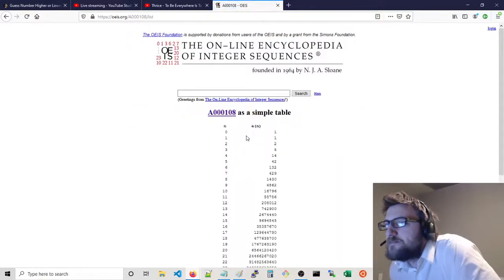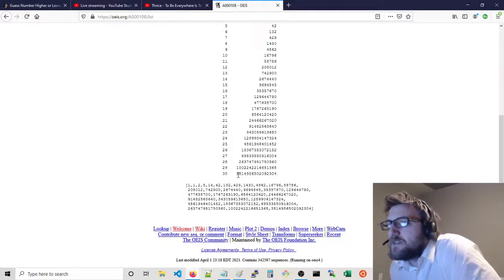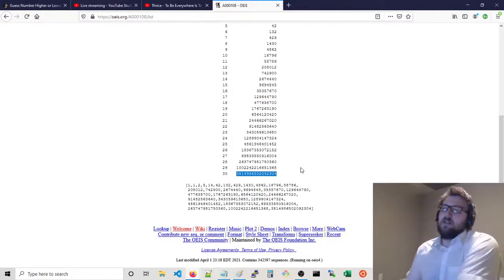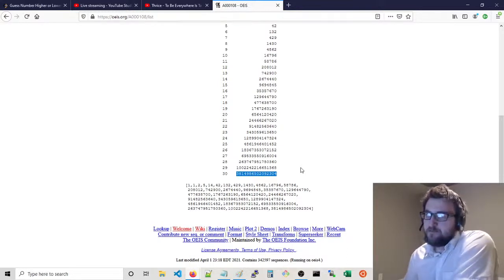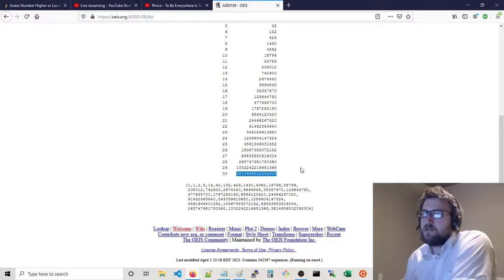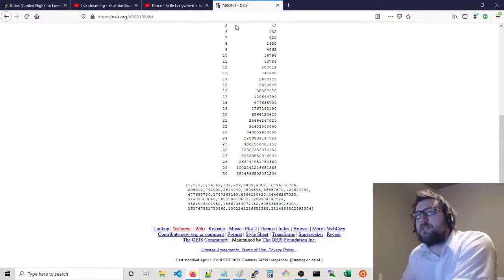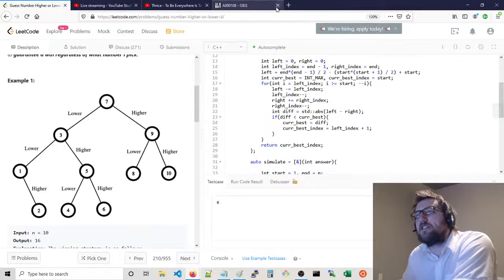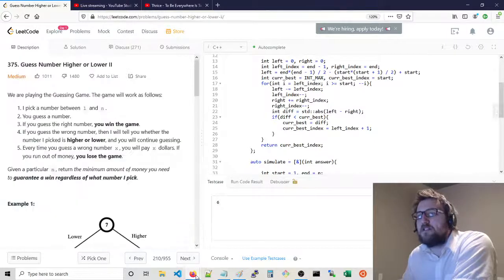Yeah, that's really big. Yeah, it's exponential. Right, we won't be able to generate all the binary search trees. Brute force will not work here.